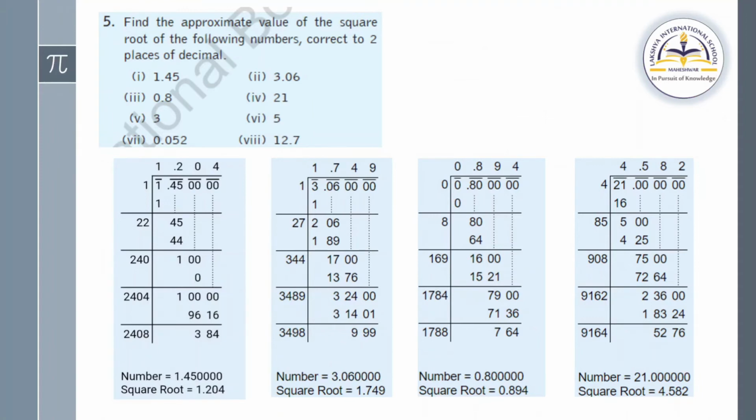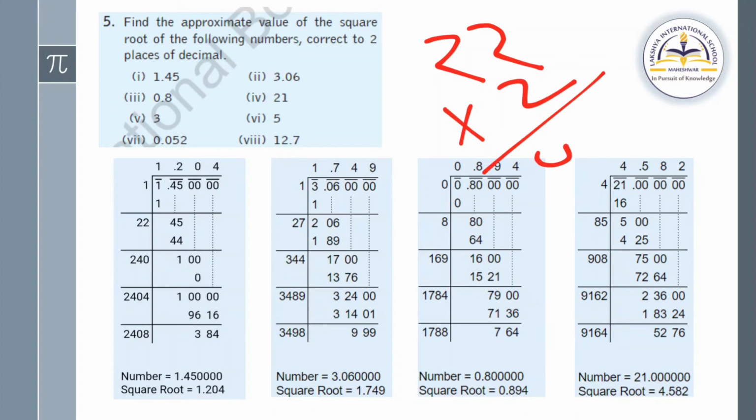First there is 1, so we will take here 1 plus 1 we will get 2. Here we have written 2. Then 45, here we have to take 22 into 2 we will get 44.